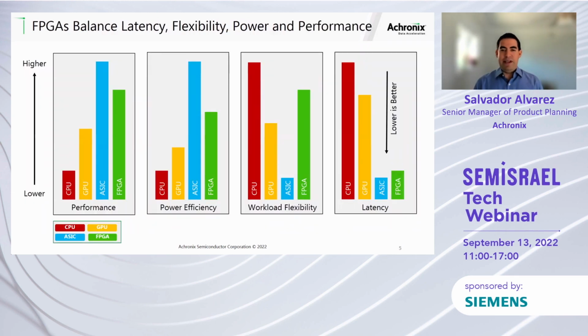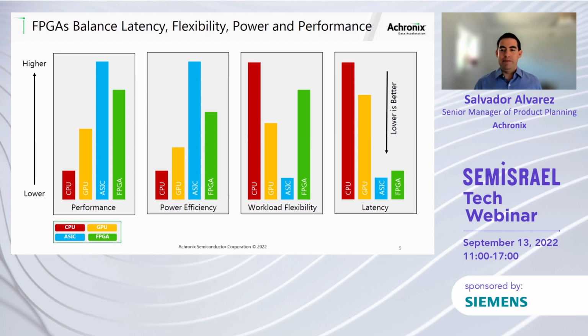CPUs have been around the longest and were developed to be able to run any workload. However, because they can run any workload, they don't run any workload particularly well or efficiently. On the flip side, you have ASICs, and they are the most efficient device to perform a specific workload. However, the development time and the cost are extremely high, and the resulting device lacks that flexibility to implement a wide range of current or future workloads.